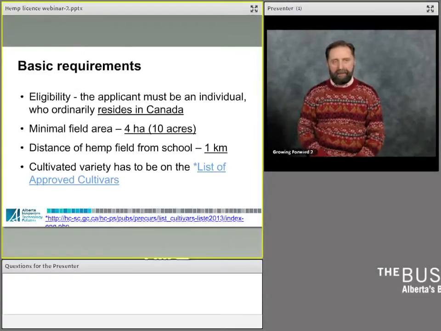The other requirement, if you want to enter this industry, or it means to apply for the license, is minimal field area is limited or restricted to 4 hectares or 10 acres. You have to grow industrial hemp at least at 4 hectares or 10 acres.